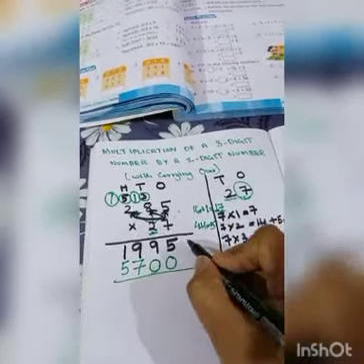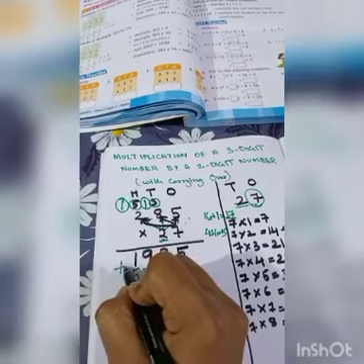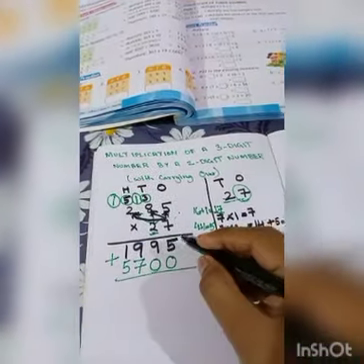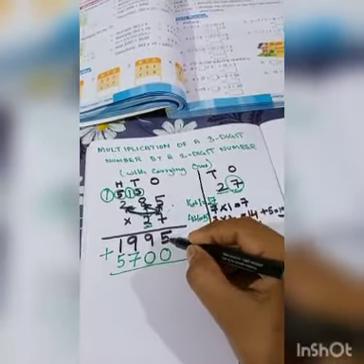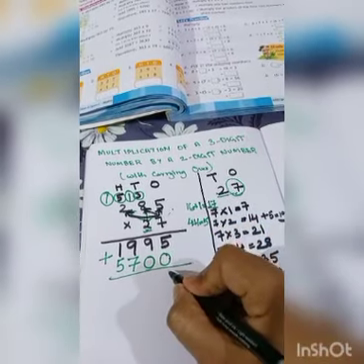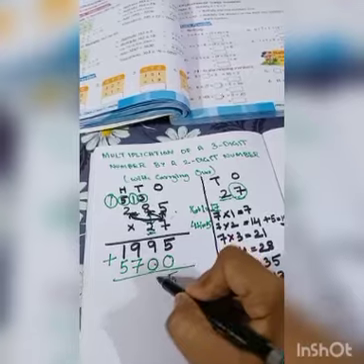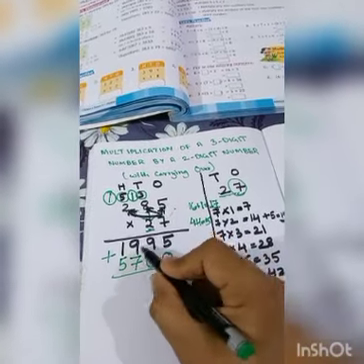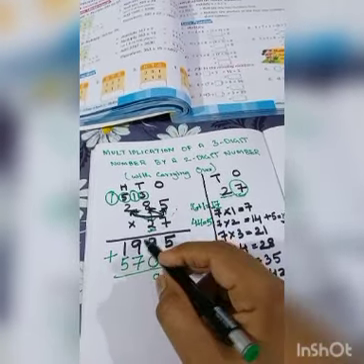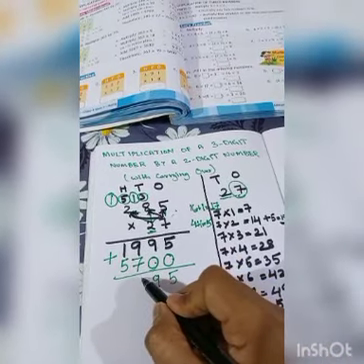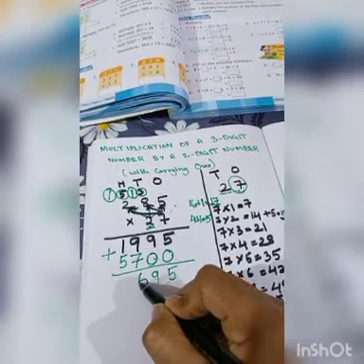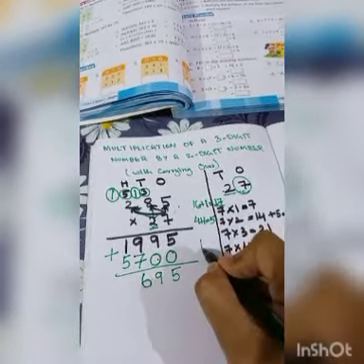Now we have to add this. We have to add the 2. So 5 plus 0 is equal to 5. 9 plus 0, 9. 9 plus 7, 16. So 16, and 1 is carry.